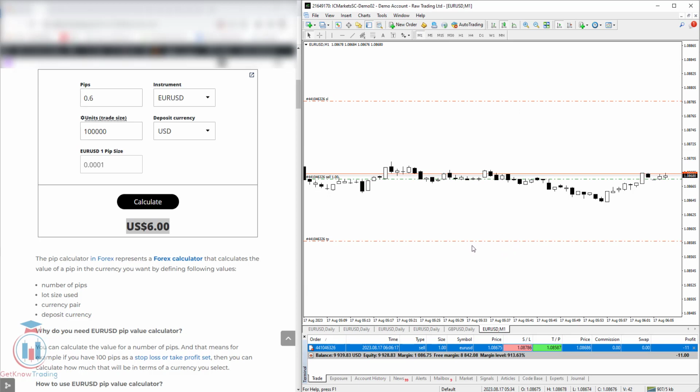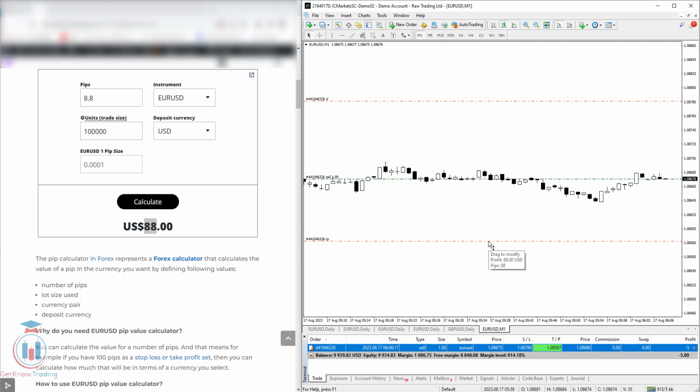So when I go with my mouse over this line, I will see that it says profit $88, which means pips 88. It is not 88 pips because I have 5 decimal points in this currency, so this means 8.8 pips. And when I put here 8.8 pips, click calculate, I get $88, the same value I got here that I can see in the trading platform.